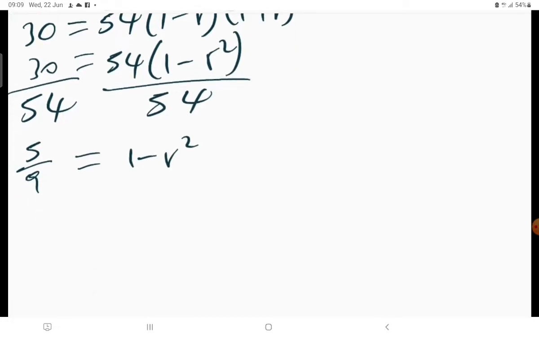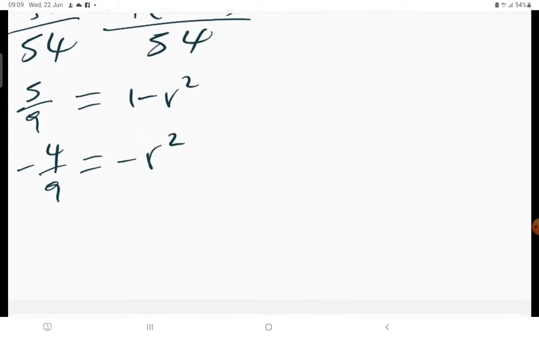So if we take this one to the other side, we will get negative 4 over 9 is equal to negative r squared. Then when you divide by negative 1, you get 4 over 9 is equal to r squared.